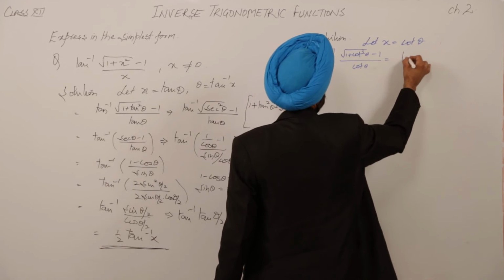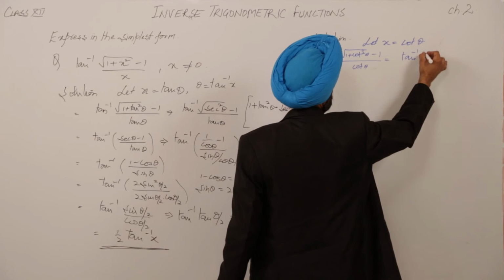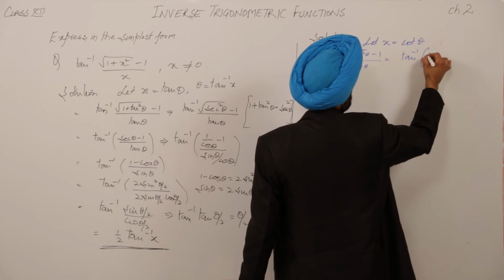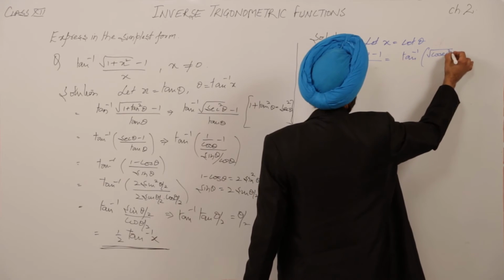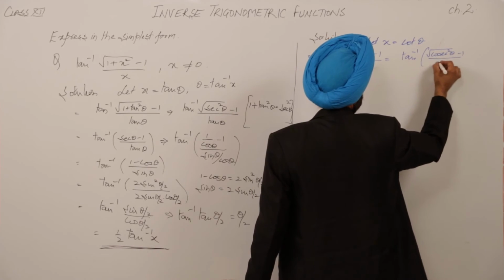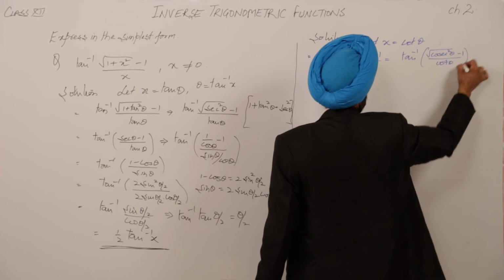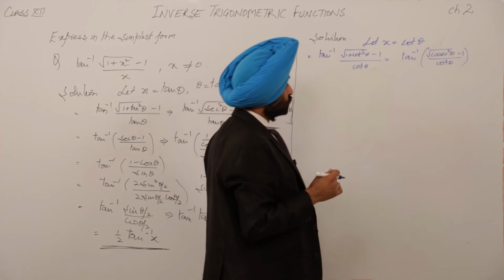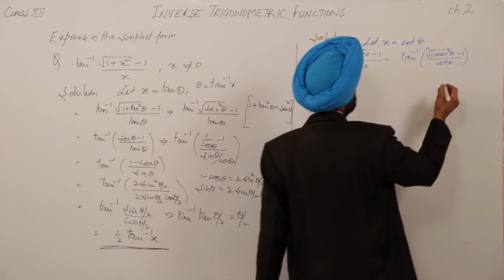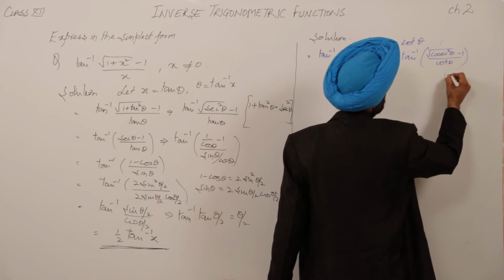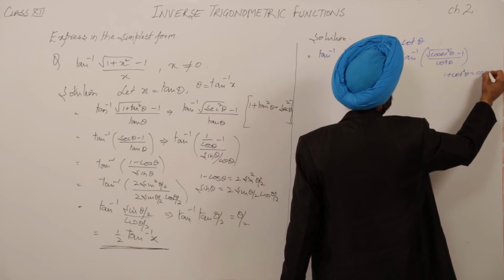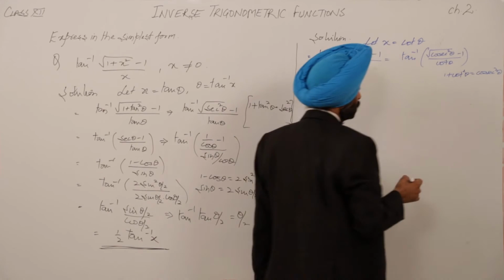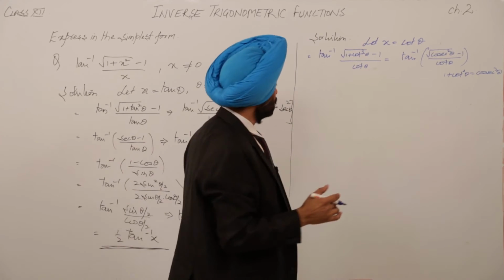Now it becomes tan inverse of under root cosecant square theta minus 1 upon cot theta. Why cosecant square theta? Because 1 plus cot square theta is equal to cosecant square theta. Now the square root of cosecant square theta is cosecant theta.